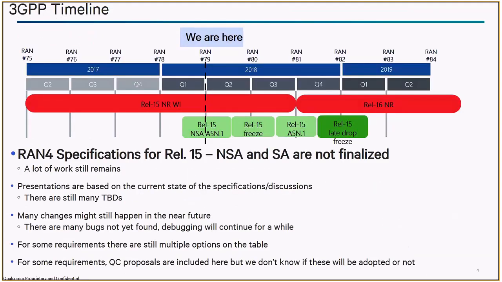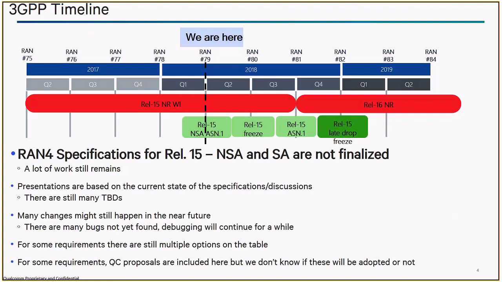So are you guys aware of the 3GPP RAN structure? There are like 5 working groups: RAN 1, 2, 3, 4, and 5. RAN 1 mainly works on the physical layer aspects of any technology, either 3G or 4G or 5G. So their scope is only the physical layer aspects, how your mobile should communicate with the base station.